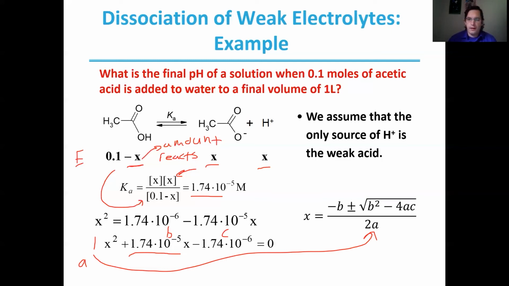So if we plug that all into our quadratic equation, we should then calculate X equals 0.001310. That, of course, would be equal to our H plus concentration. And so we can then take the negative log of that to calculate our pH as 2.883.